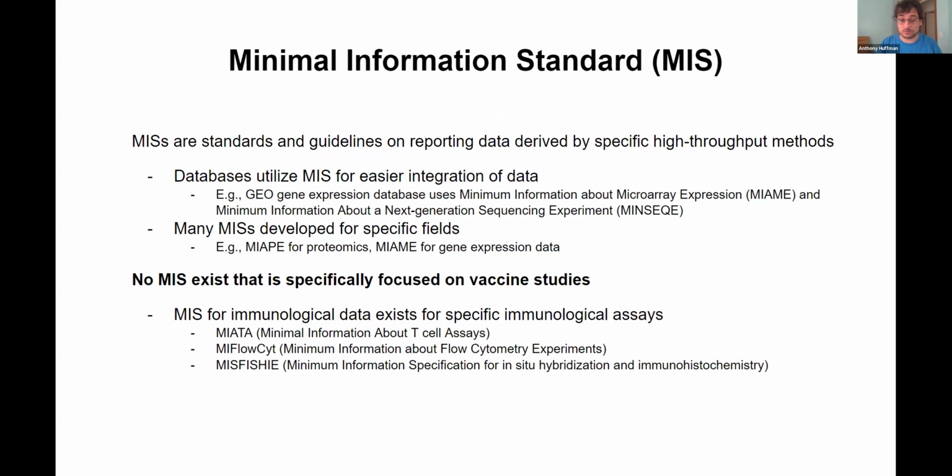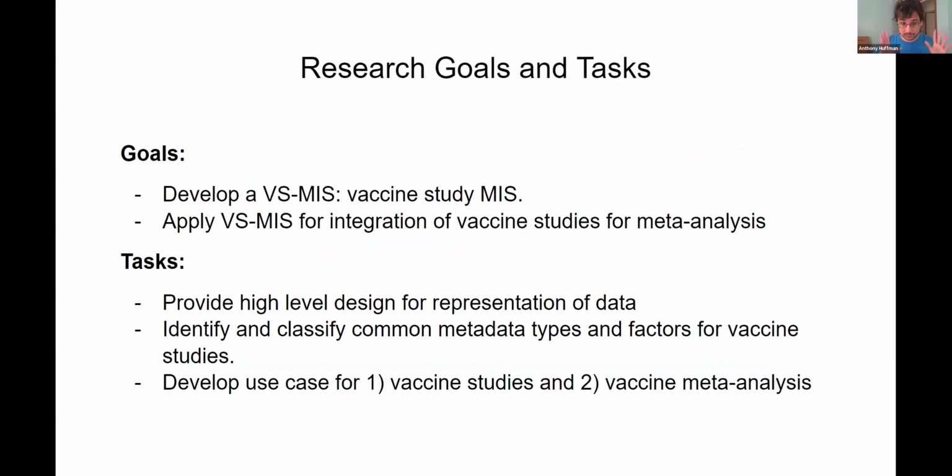And while we can find examples for specific fields like proteomics or for specific immunological assays, like MIATA, MIFlowCyt, MIAIRR, there isn't anything that specifically focuses on vaccine studies. So, keeping all of that in mind, we wanted to establish a vaccine study minimum information standard, and make sure that whatever standard we design would be able to be used to integrate vaccine studies for different meta-analyses.